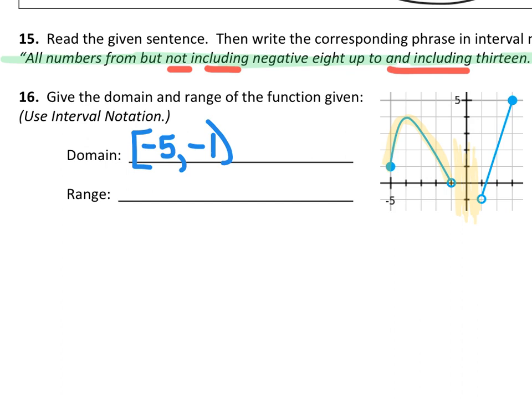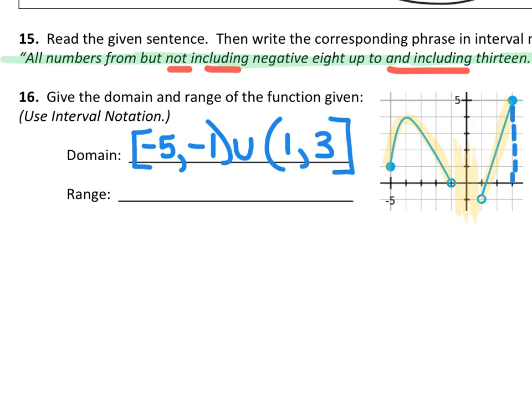Remember your union symbol, and then the second part of the graph here, you're going to go from +1 to +3. The +1 has round parentheses because it's an open circle. And the +3, remember it's +3 because that's where x is 3, has a closed or a square bracket because it's a closed circle.